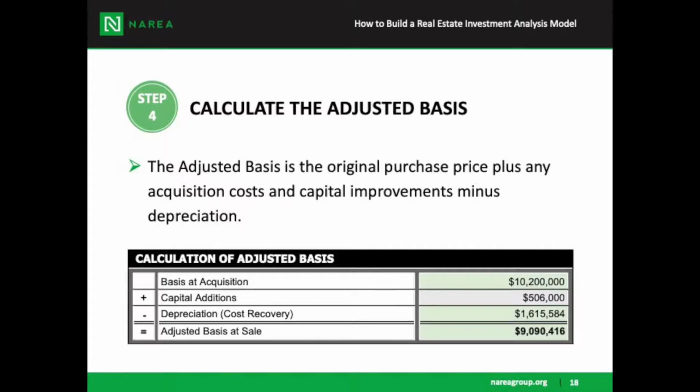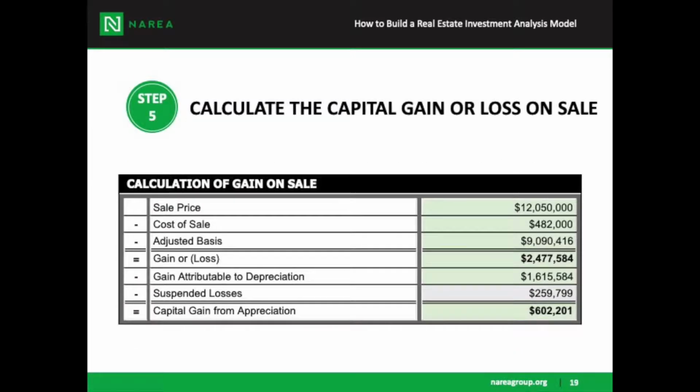You subtract the depreciation that you've taken over that period of time, and that becomes what's called your adjusted basis. So then the next step is to calculate the gain or loss on the sale. And you have to have this adjusted basis calculation in order to get that.